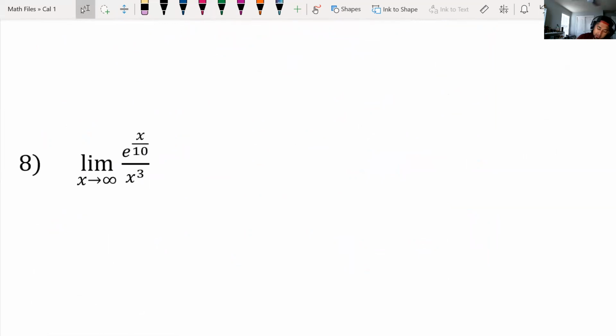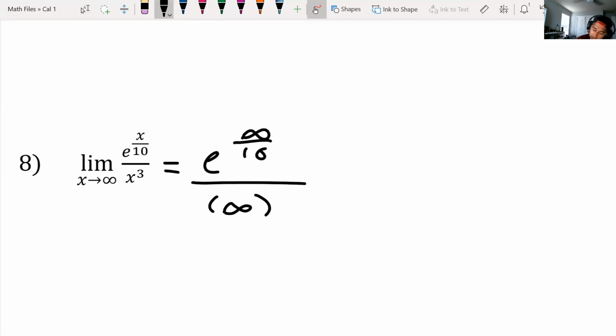All right. 8. The limit as x approaches infinity of e to the x over 10 over x cubed. Plug in infinity, and you get e to the infinity over 10 over infinity cubed.